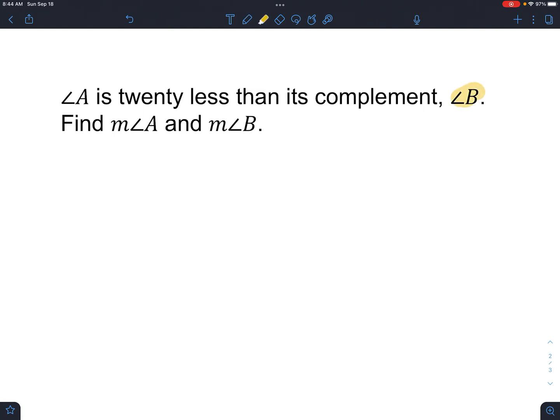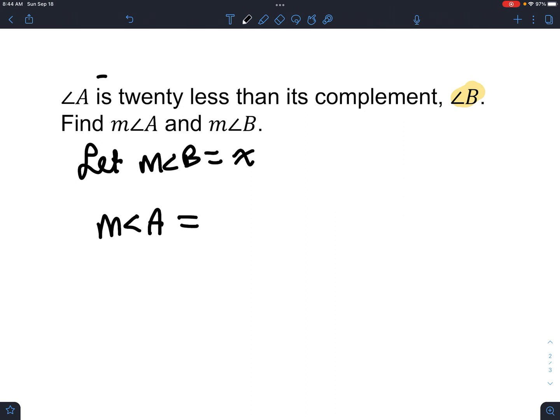I'm going to take this second one. I want to call that X. It says the measure of angle A equals 20 less than, which is a minus sign, its complement.